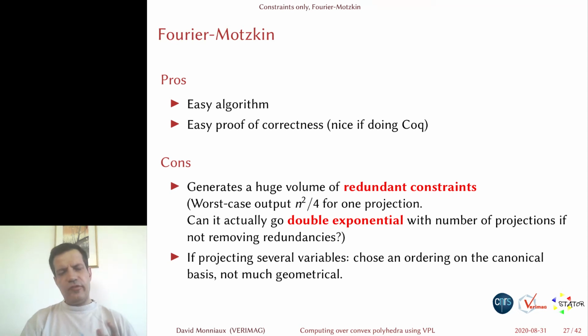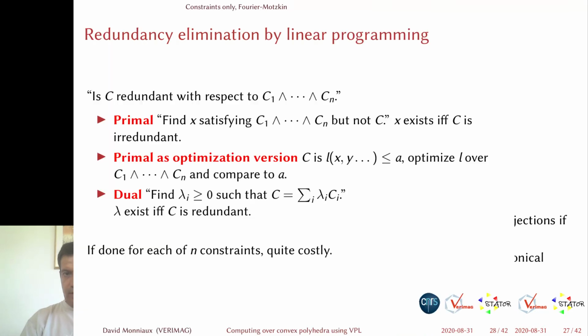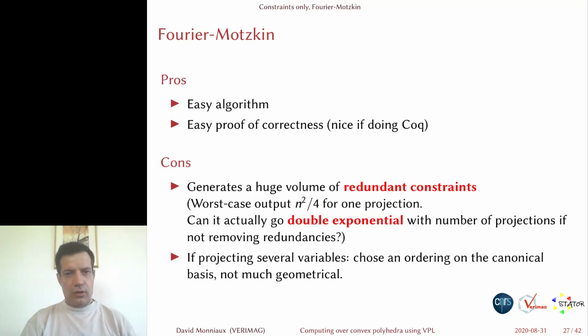You can use some heuristics, like for instance, if you have multiple dimensions to project at the same time, you can start with the dimensions that look like they will generate the fewest constraints, and this seems to work quite well to some extent, but still this redundancy elimination is a problem.